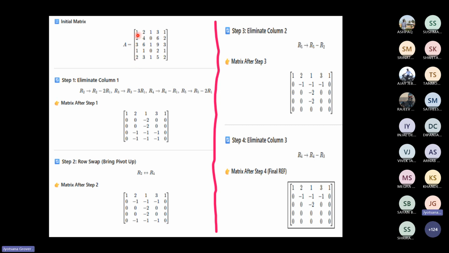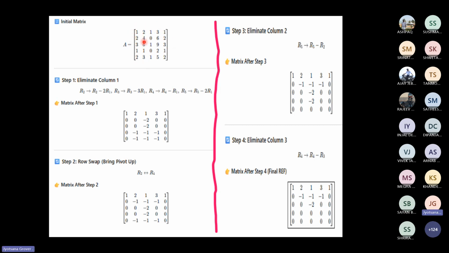You can perform R5 minus R2 and you'll get 0 here. But if you have to do implementation, you have to be specific. You have to follow some steps. First, for R2, R3, whatever rows are below row 1, you have to add to each row a constant multiple of row 1.